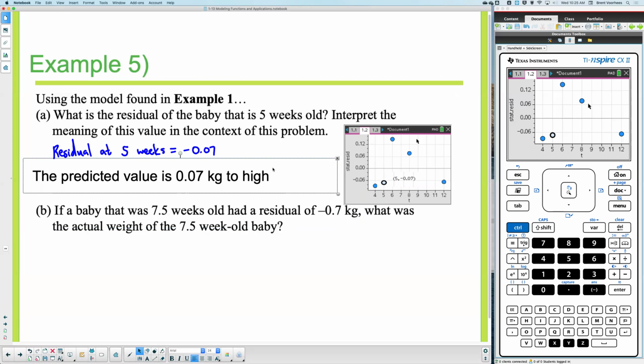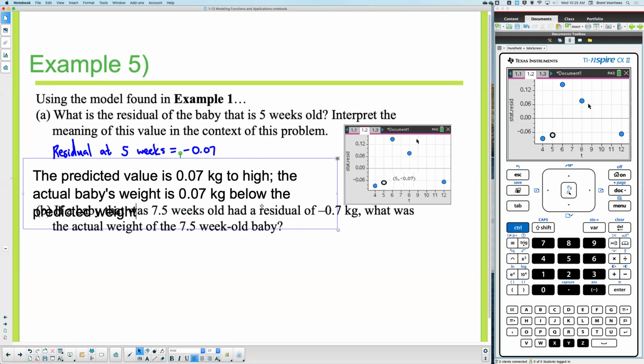Another way of saying it is the actual baby weight is 0.07 kilograms below the predicted weight.